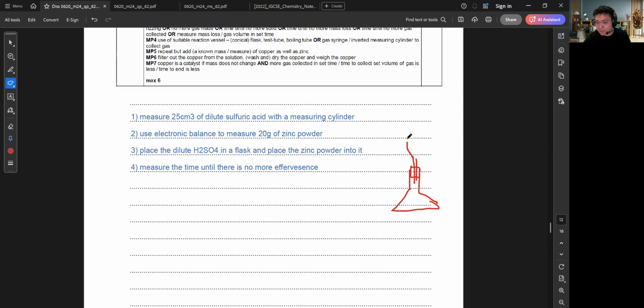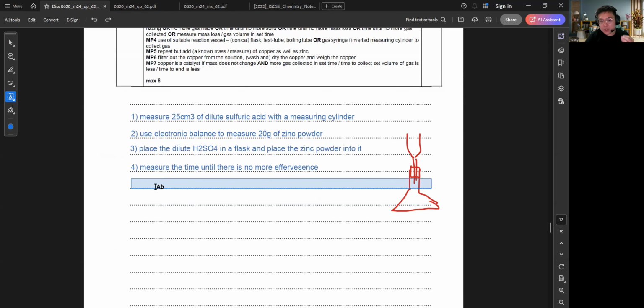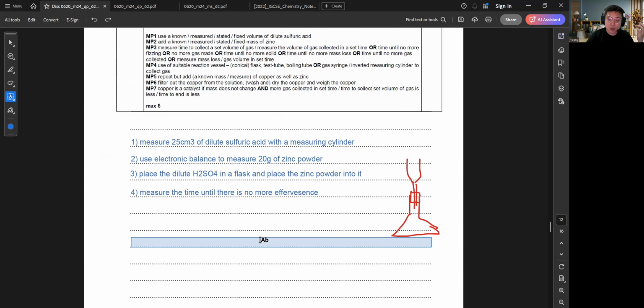And whatever gas comes out goes directly to our syringe. You get what I'm saying? But because we just say measure the time until there's no more effervescence, then we don't have to say about the syringe. All right.